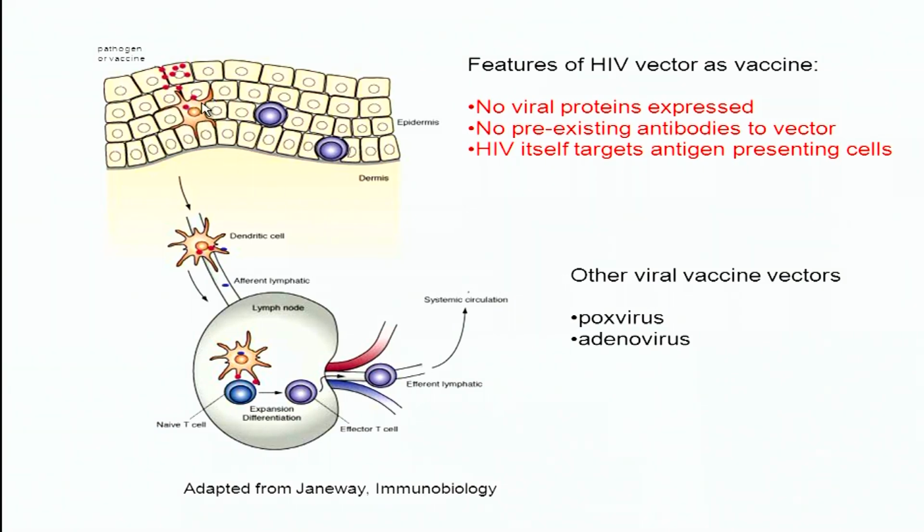And these cells, for example in the skin, migrate into lymph nodes and then stimulate your immune system. And because HIV does this itself, we figured it might be quite good at immunizing if we could get rid of the viral proteins, which I told you we could do. And we also don't have any pre-existing immunity to HIV if we change the envelope on the surface, for a virus that we've never seen before as humans.